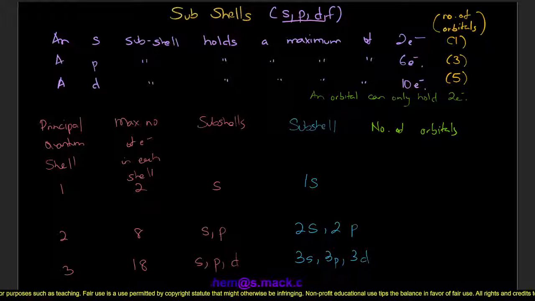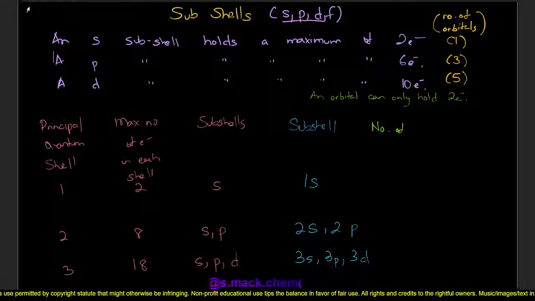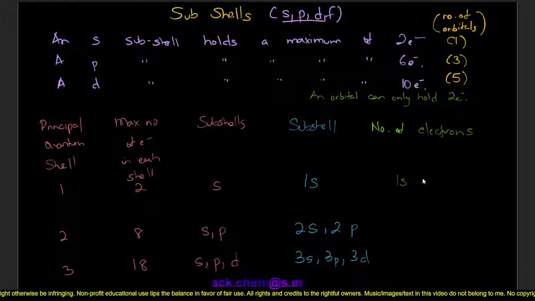By looking at the total number of electrons within each shell. So in our 1s subshell, we'd have a maximum of 2 electrons.